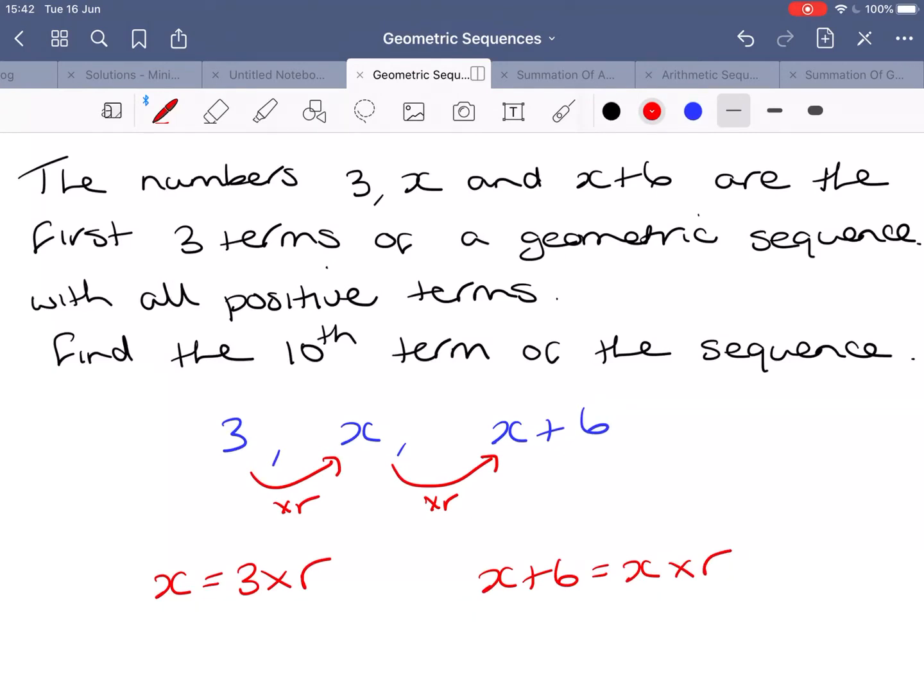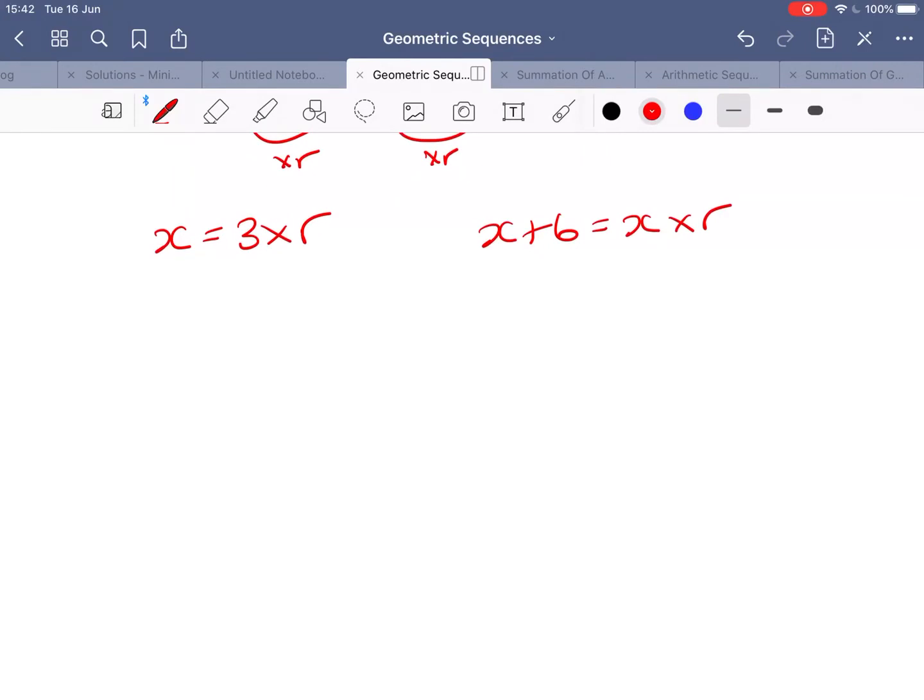Now look, I've got two equations with two unknowns again. So again, it doesn't look like our traditional simultaneous equations, but that's exactly what we've got, a pair of simultaneous equations. And the way I tend to do these is I tend to write both as r equals. So if I go to the first one, I can say r equals x divided by 3, because I'm just going to divide by 3.